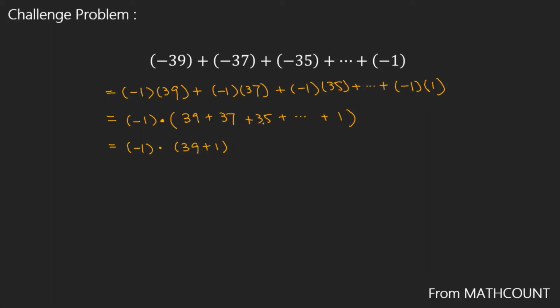But since these are odd numbers, and so they're every other number, we have half of the 20. So that gives us 20 over 2. Okay? Now let's evaluate this. So this becomes negative 1 times 40 times 20 over 2, which is 10. So the final answer to this is minus 400.